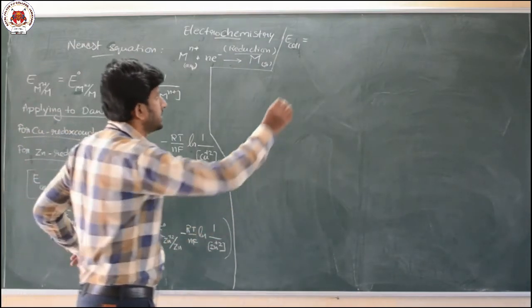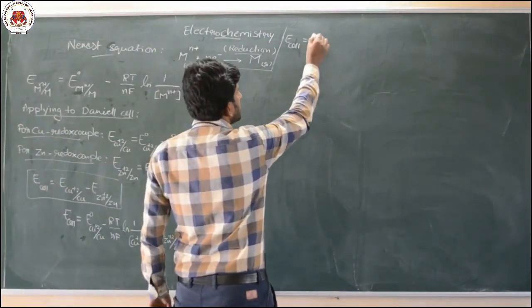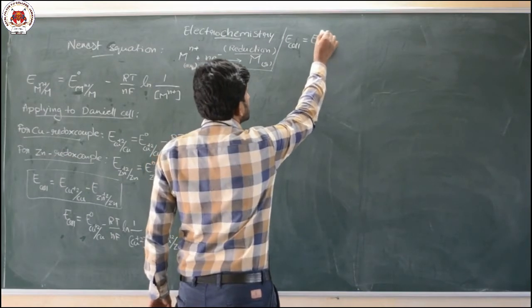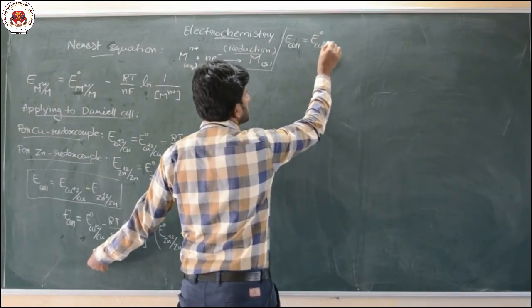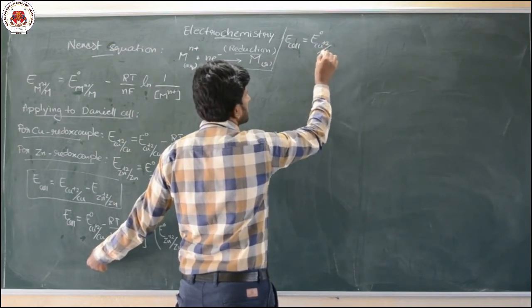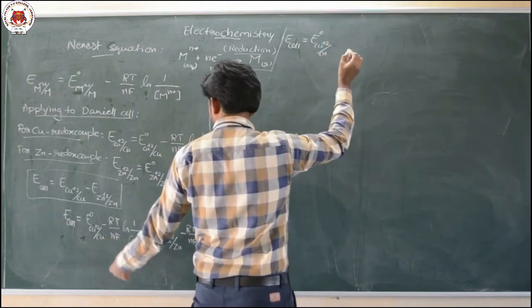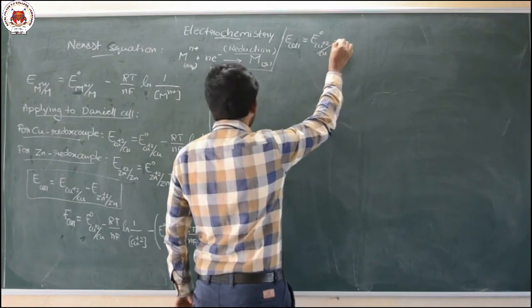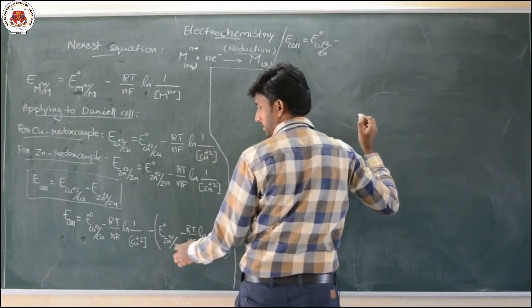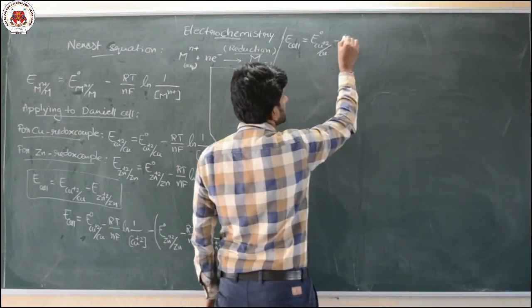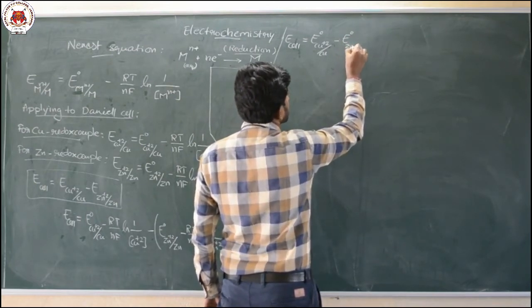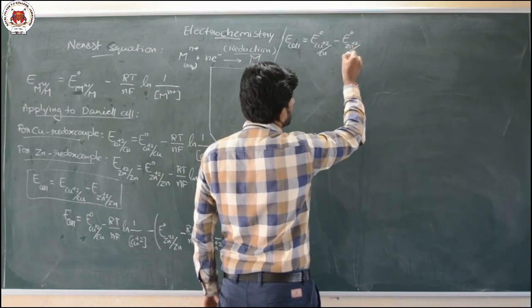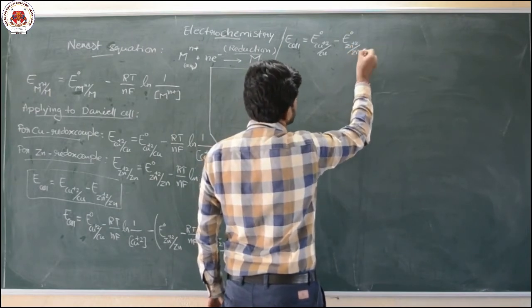So I can write E naught Cu^2+/Cu minus E naught Zn^2+/Zn, because minus into E naught of this one will become minus.